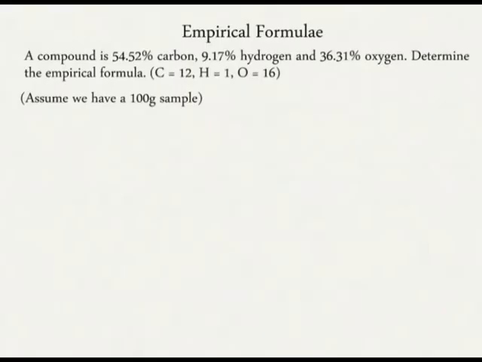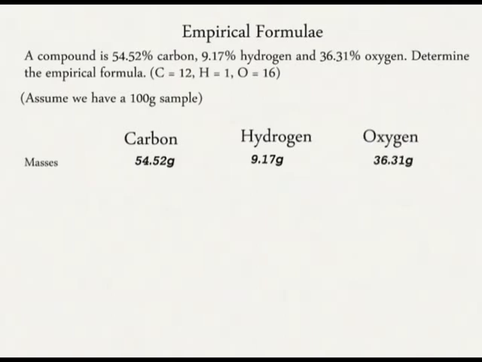You can actually assume that you have any mass of a sample, but because percentage means 100, it's easier to use 100 gram sample because the respective percentage can be assumed to reflect the same mass. Consequently, out of the 100 gram sample, 54.52 grams will be carbon, 9.17 grams is hydrogen, and 36.31 grams is oxygen.